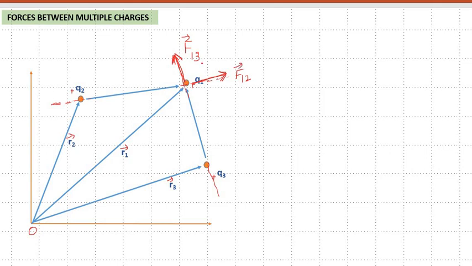Now we can well assume, as per the triangular law of vector addition or the parallelogram law of vector addition, that the resultant force would be in this direction, right? But we need not find that right now. We'll just write the equations of F12 and F13. So force on 1 by 2 is equal to 1 by 4 pi epsilon 0, assuming all the charges are in vacuum.